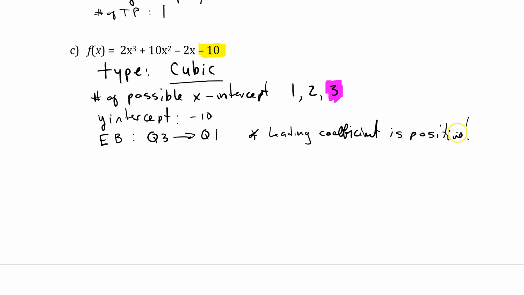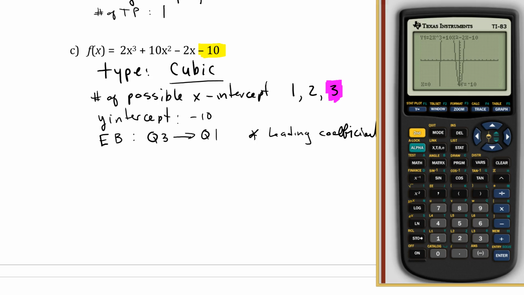If it were negative, let's just do a little bit of an experiment here. If I were to insert a negative right here, we'll see the leading coefficient, which is the coefficient that's in front of the variable with the largest power. When I do that, hey-o, it goes from quadrant 2 to quadrant 4. So let's just delete that to get our original function back.